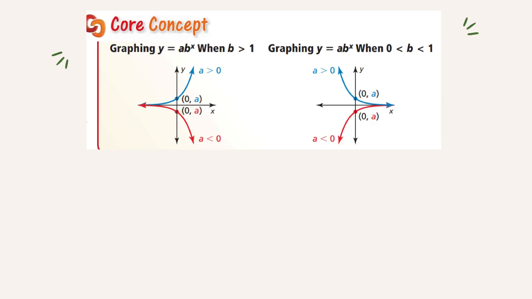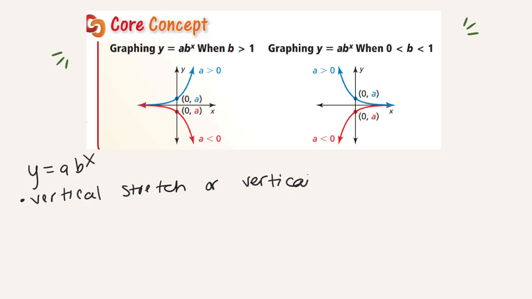Okay, core concept. The graph of your exponential function y equals ab to the power of x is a vertical stretch or a vertical shrink by a factor of the absolute value of a.